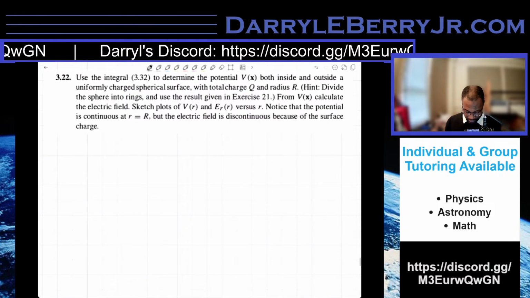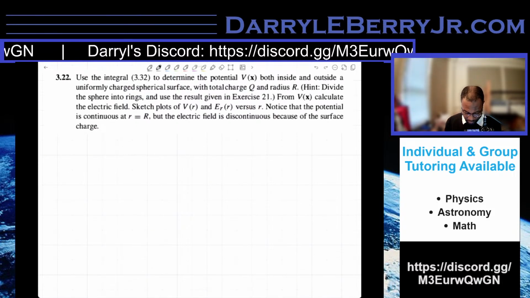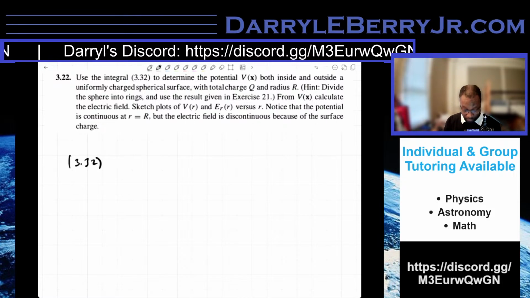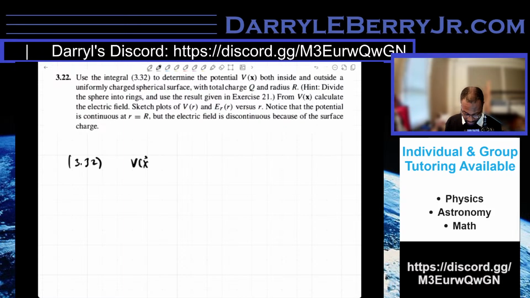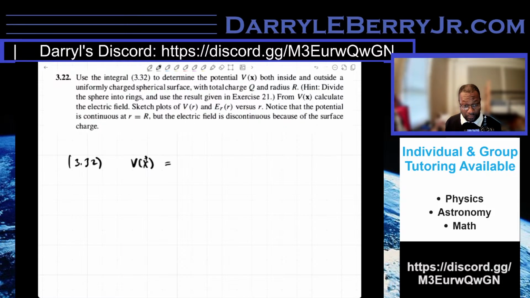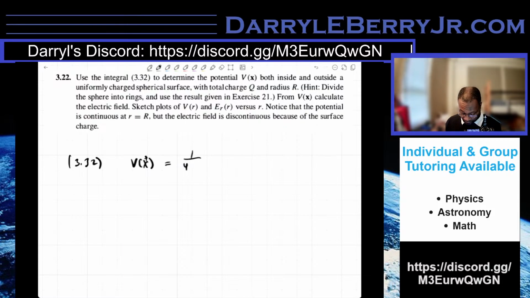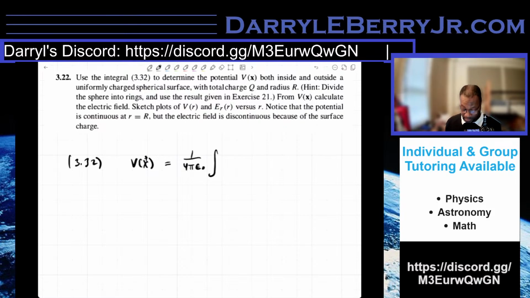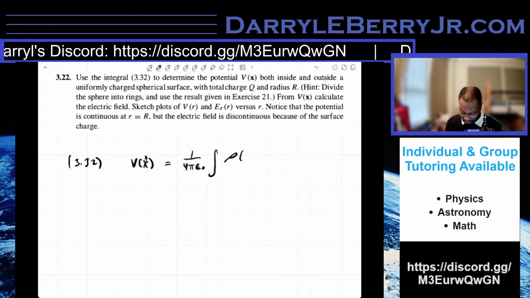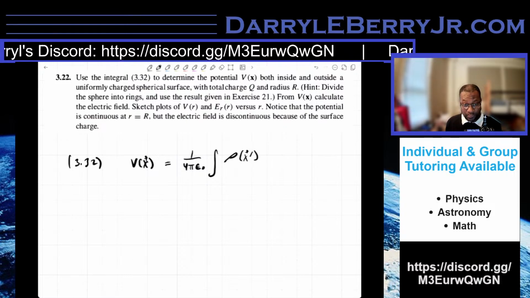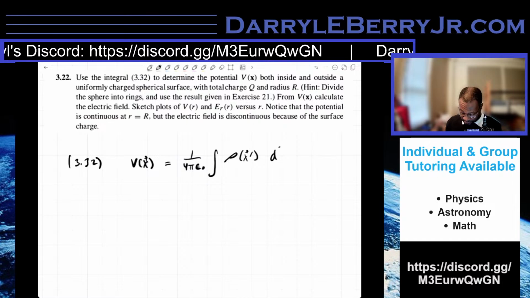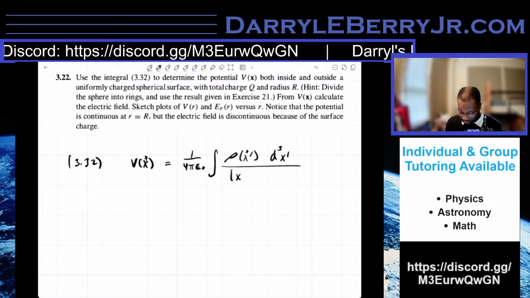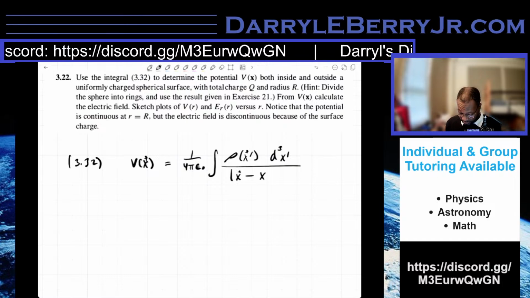All right, so is this integral here? The electric potential equals 1 over 4 pi epsilon naught integral of the density d3x prime over the magnitude of x minus x prime.